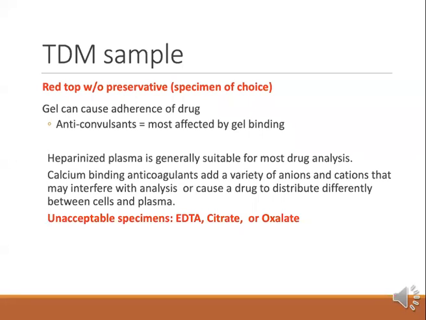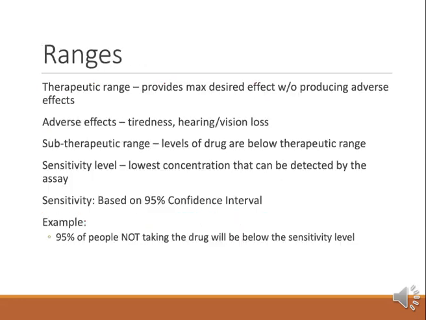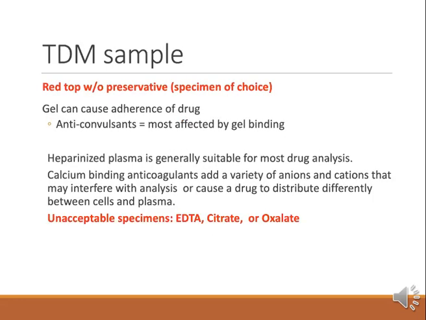Calcium binding anticoagulants tend to add a variety of anions and cations that can interfere with the analysis, or cause a drug to distribute differently between the plasma and the cells. The tubes that are unacceptable are EDTA, citrate, or oxalate.